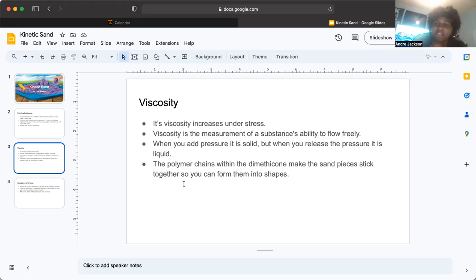So essentially, this slide is going over how the kinetic sand is able to form. The viscosity is a main key factor in how it is able to go from being a solid under pressure into a liquid when the pressure is released.